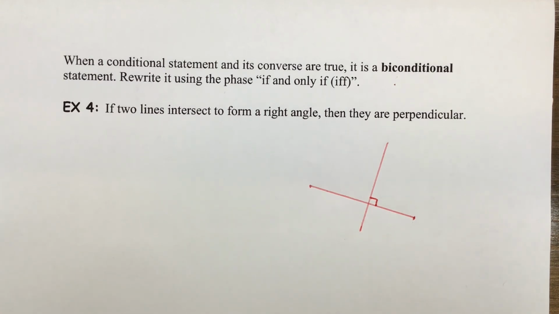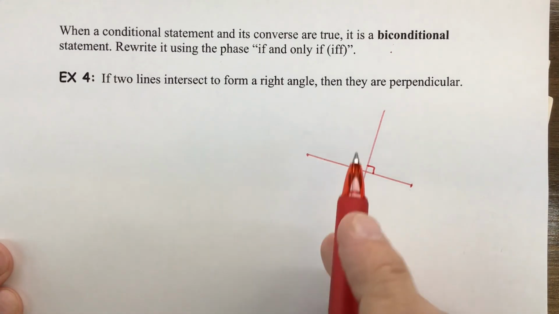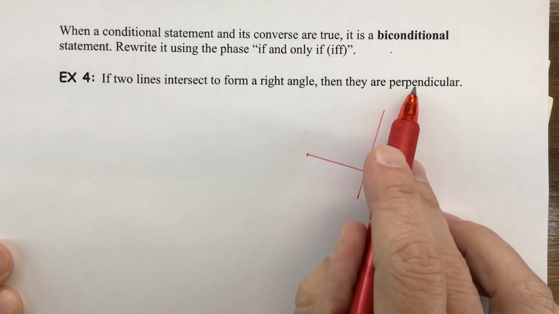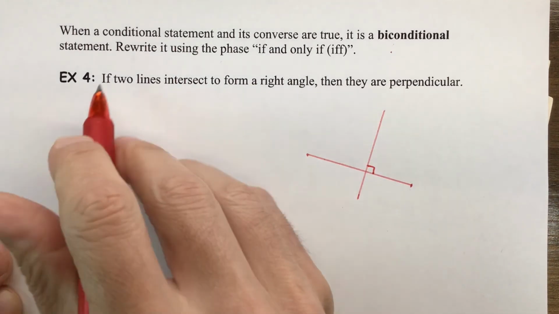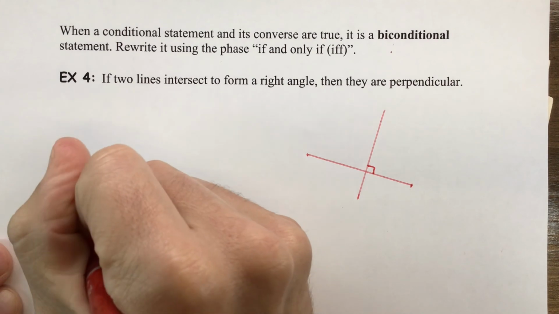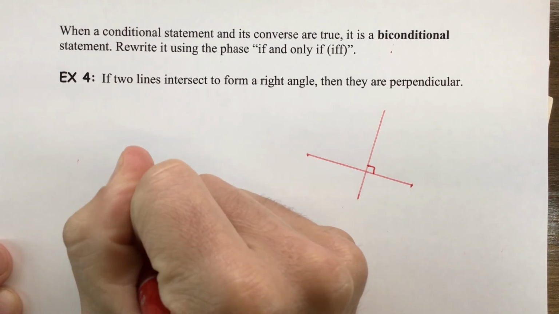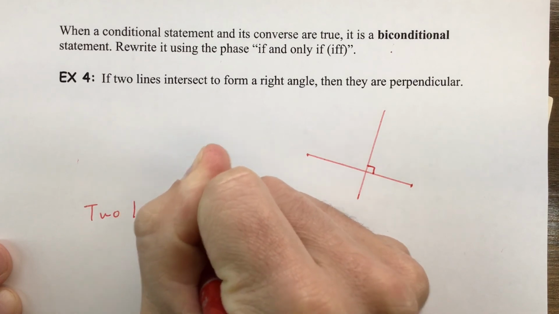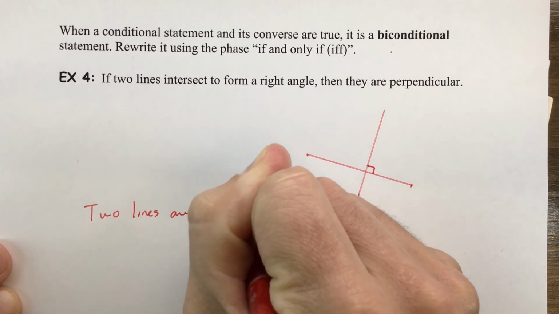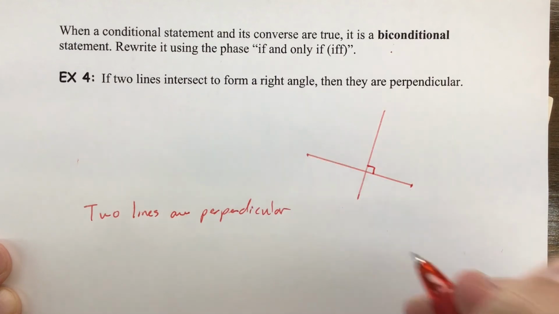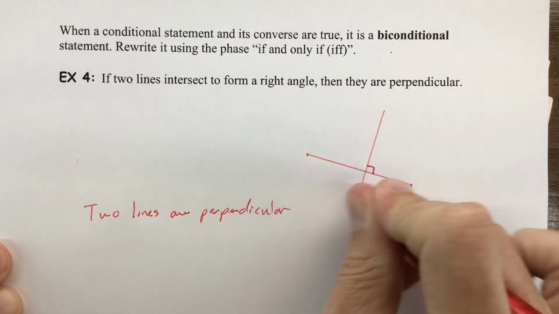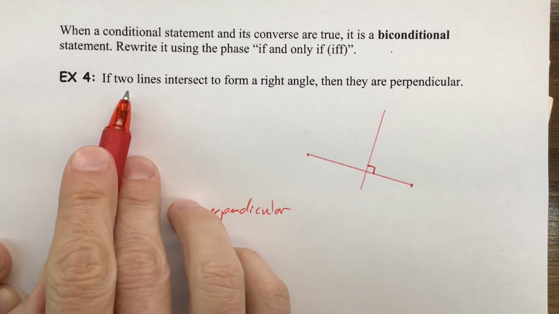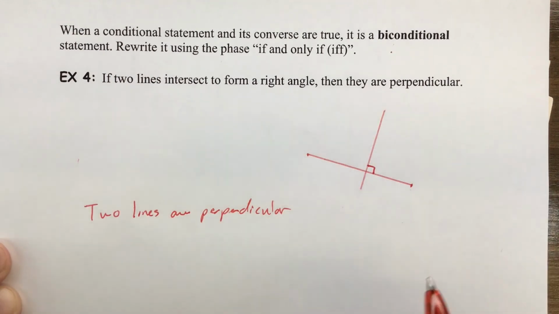Now, if you do notice it as a definition, a really good idea is to have the term in the hypothesis. So we're not going to be using the word if. We can take that out. We're just going to start with two lines are perpendicular. All right, two lines are perpendicular. So I still want to take the subject from the sentence, which is the two lines, but then I'm going to identify them as being perpendicular.